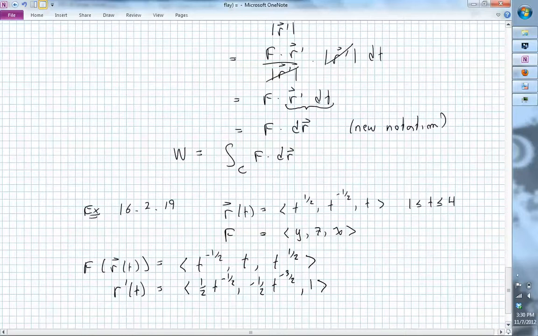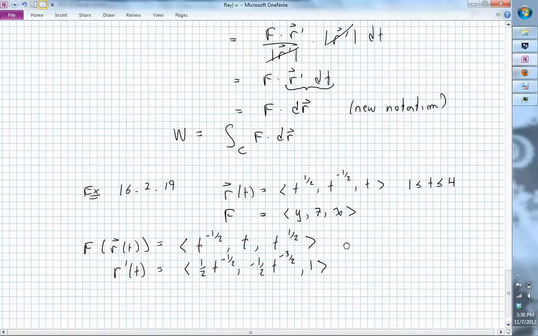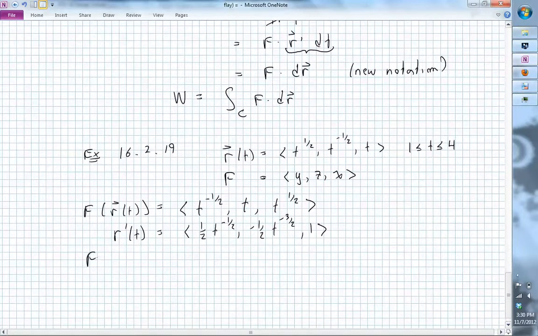This integrand is just the dot product of those 2 quantities. So let's compute the dot product of these 2 vectors. And that's going to be a scalar quantity. That's 1/2 t to the minus 1 plus, it looks like a minus, actually.